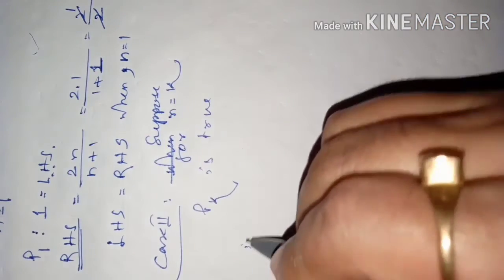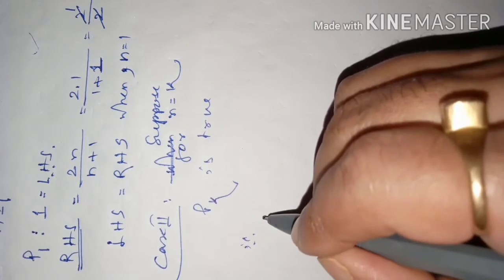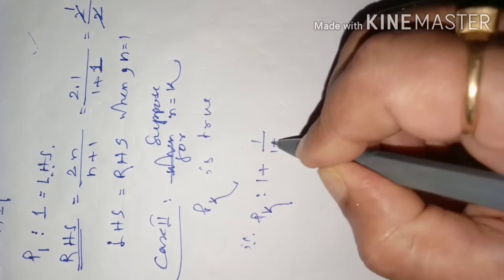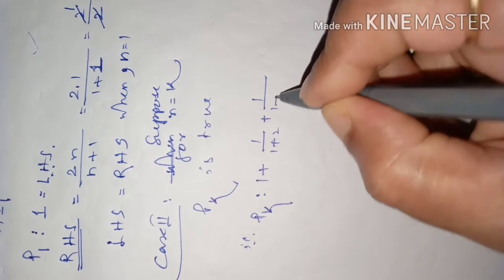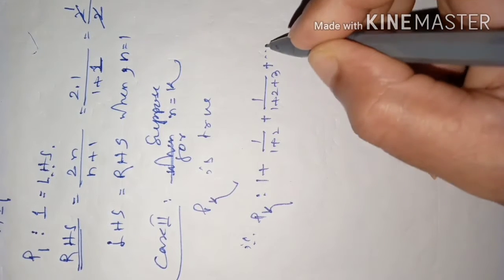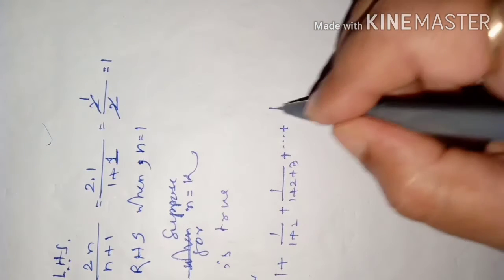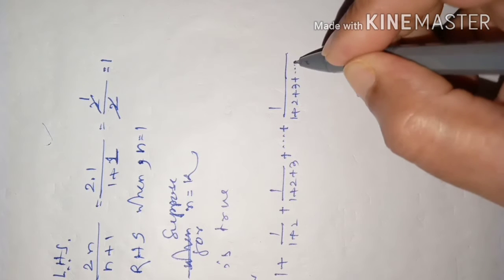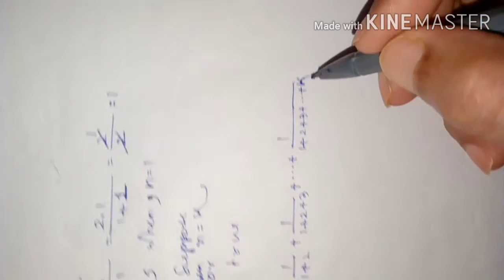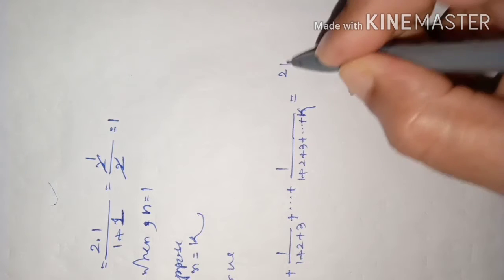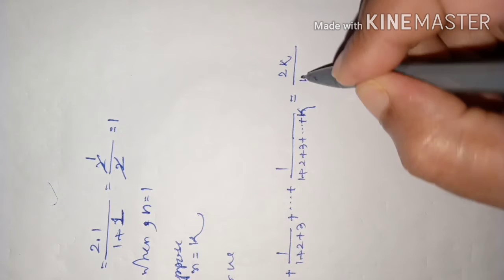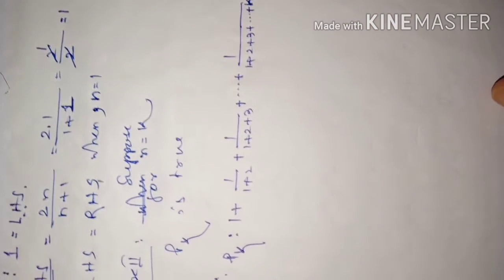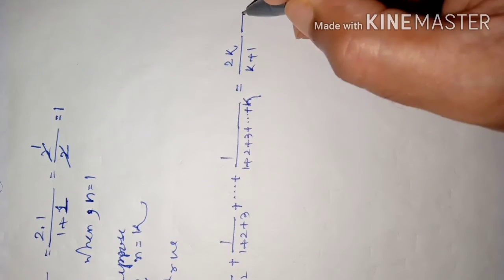That is, Pk is 1 plus 1 by 1 plus 2 plus 1 by 1 plus 2 plus 3 plus dot dot dot plus 1 by 1 plus 2 plus 3 plus dot dot dot plus k, that is equal to 2k by k plus 1. This is a true statement. We will think that it is true.